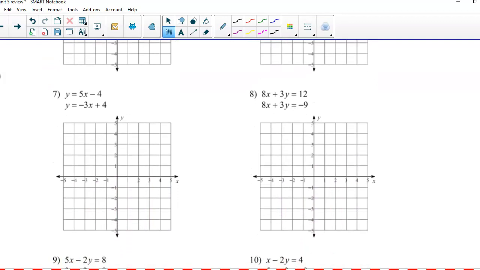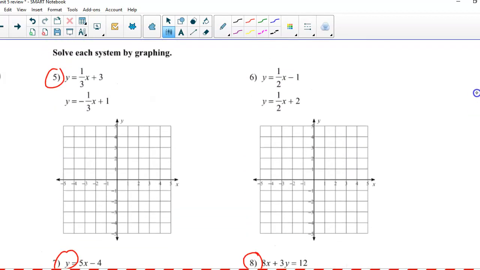Let's do 8, 10, and 9. So we already have 5. We can do 8. And you said 7. 9. It's going to be about the same. Alright, so we're going to do one of these by hand, one in the calculator, and then I'm going to do one on Desmos.